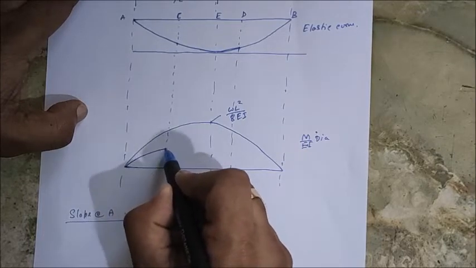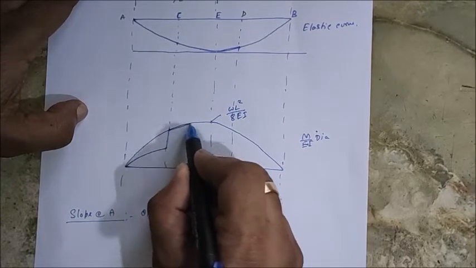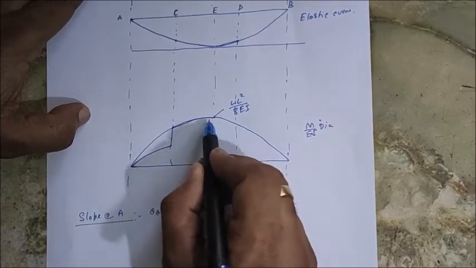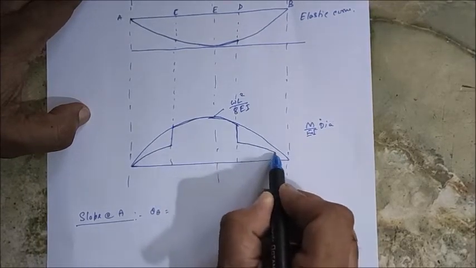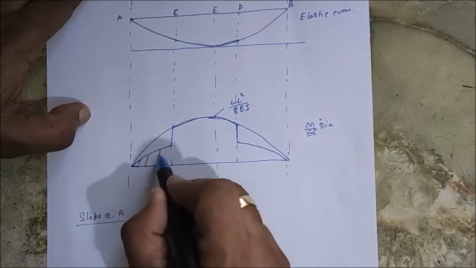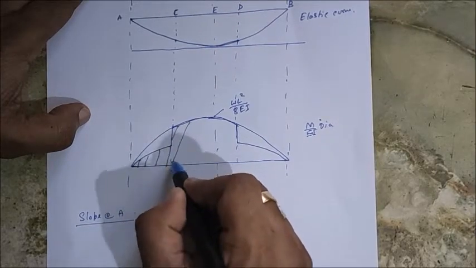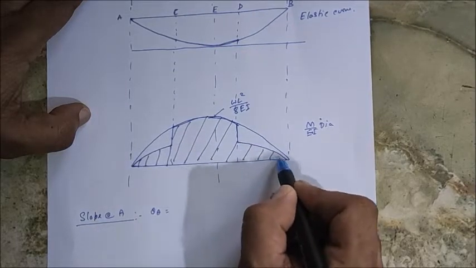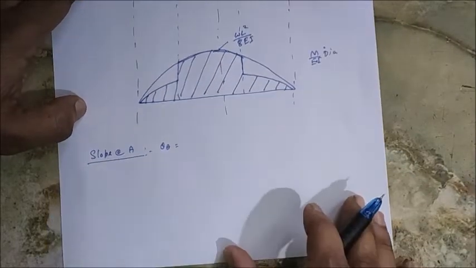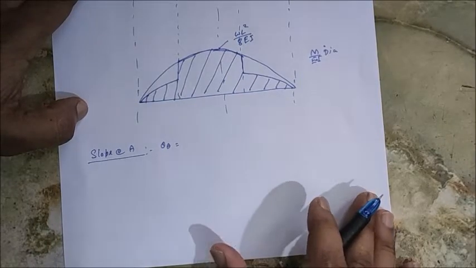Then it increases to full, though I've drawn it not properly, and then once again decreases. This part is a half. So this shaded part is my M by EI diagram.